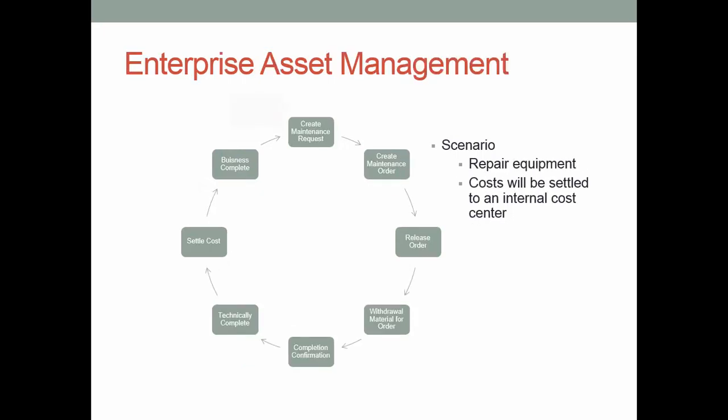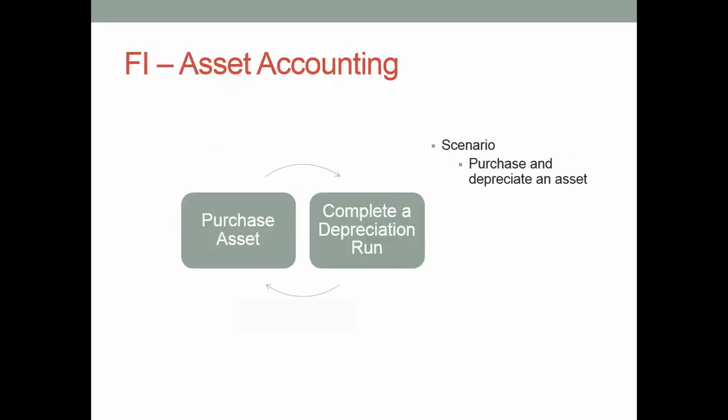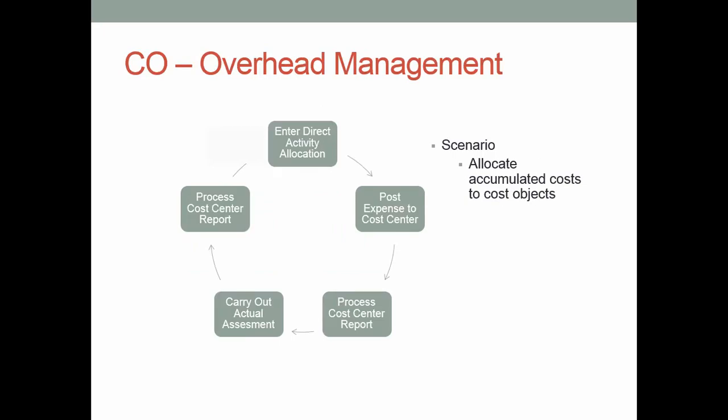Enterprise asset management, of course, is a cost accounting type of thing where it looks at the repair of equipment and how much it costs to settle and track different assets that organizations handle. FI is asset accounting. It looks at the creation and purchasing of assets within the organization, and of course it completes all the depreciation information for these different assets.